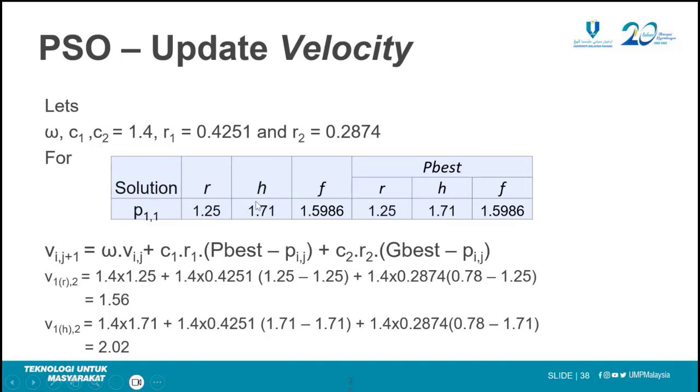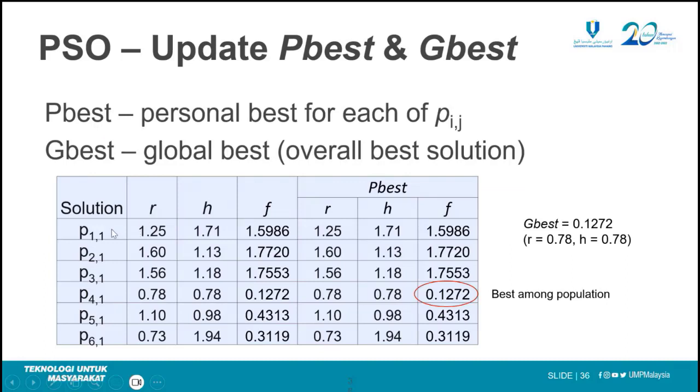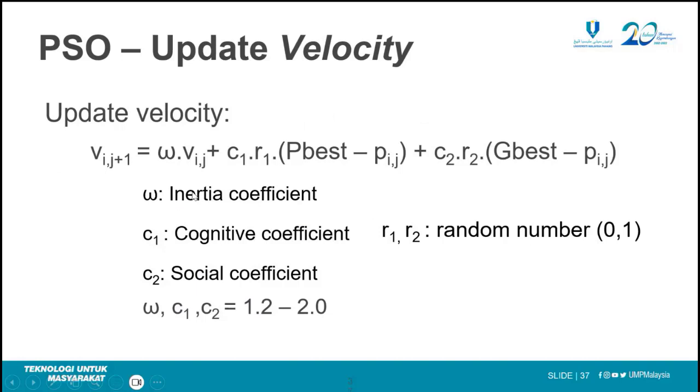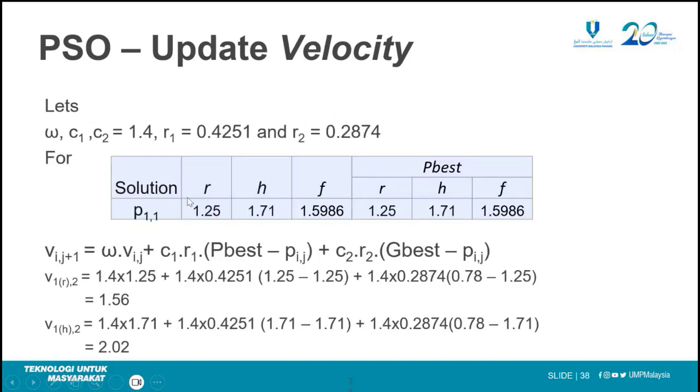This one is taken from here, the P1 solution and also the P1 fitness value. So for the first solution, the P best is just the same as the original solution because this is the first iteration, and we replace the values inside this formula.